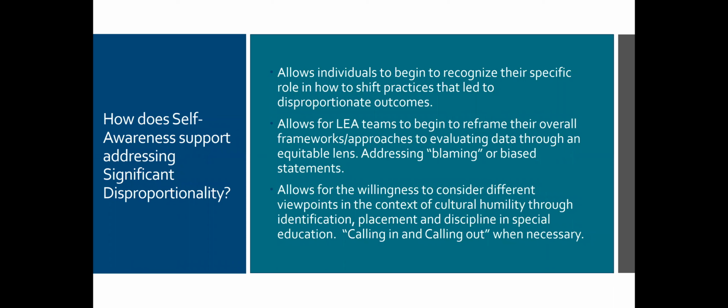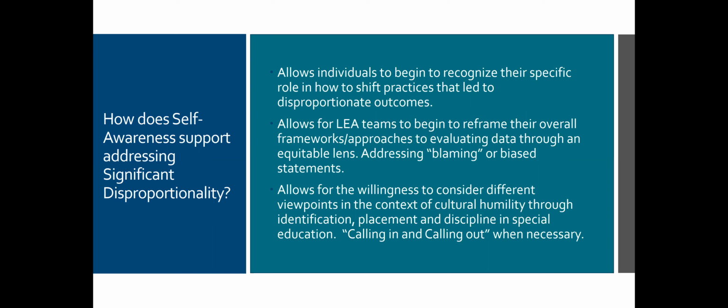Lastly, it allows for the willingness to consider different viewpoints. So, in the context of what's called cultural humility, which means being humble enough to want to learn about different backgrounds, we have to consider how we can be humble enough to understand why identification, placement, and discipline for students with disabilities that may have intersecting identities. We need to have the humility to want to learn more about what those outcomes really mean for them.